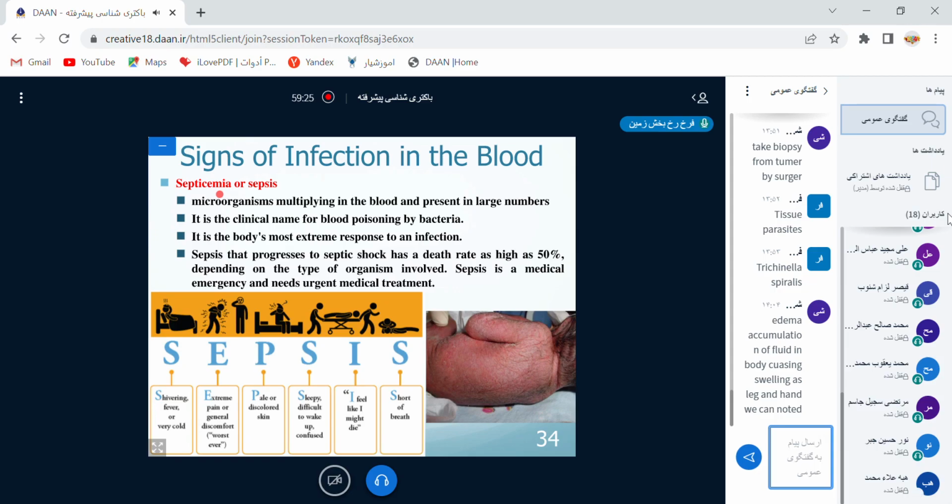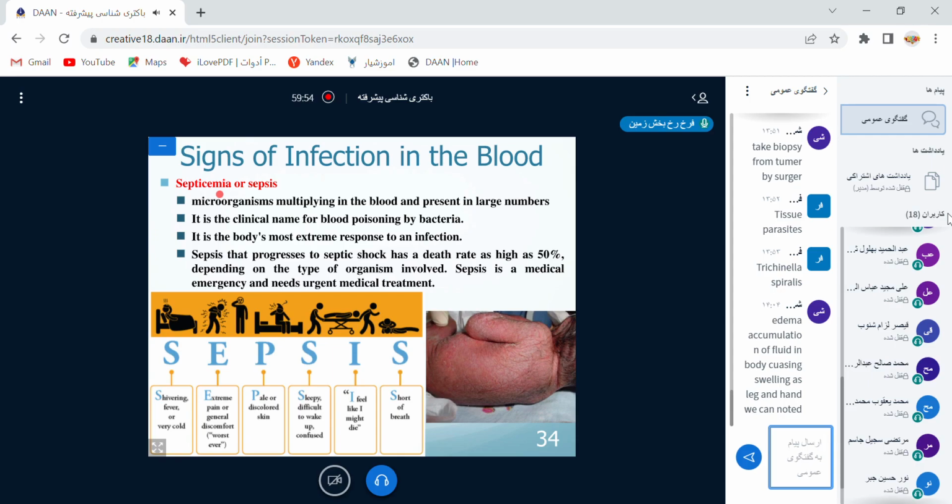The other parts of our body must be sterile. Our brain, our eyes, our kidneys, our heart, our lungs, our muscles, all over the body must be sterile.